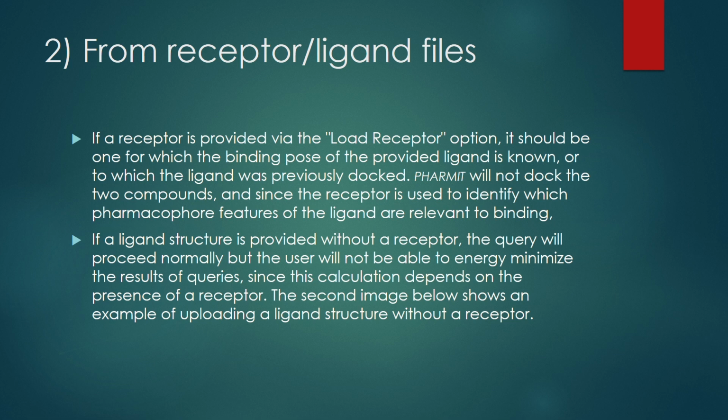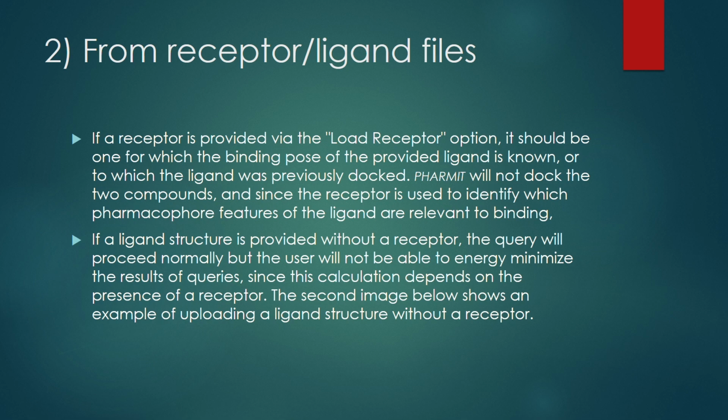Pharmit will not dock the two compounds, since the receptor is used to identify which pharmacophore features of the ligand are relevant to binding. When we load a receptor, Pharmit will identify those pharmacophore features of the ligand and protein that are involved in the binding process.